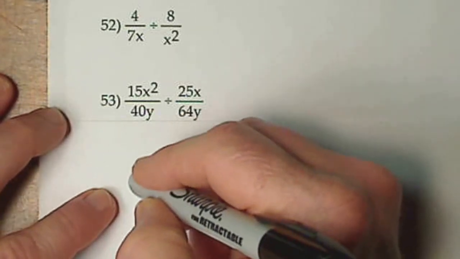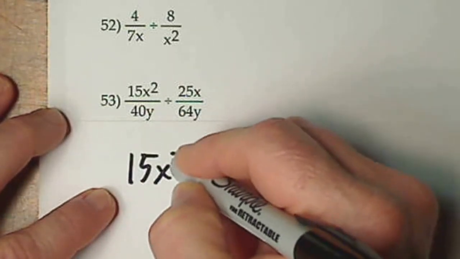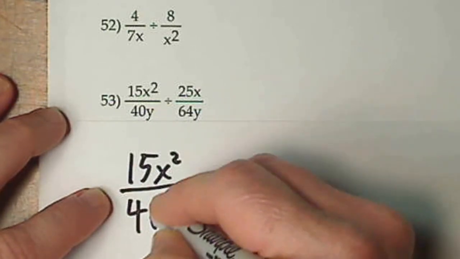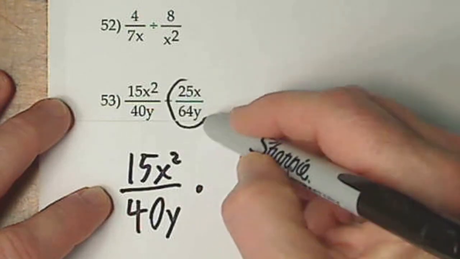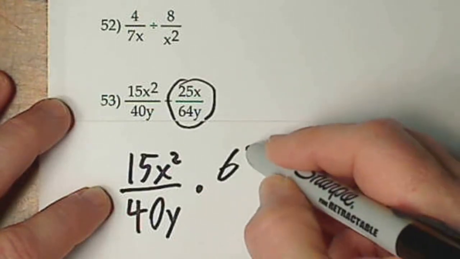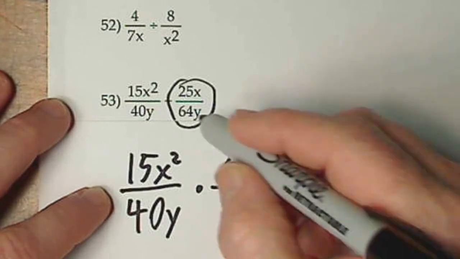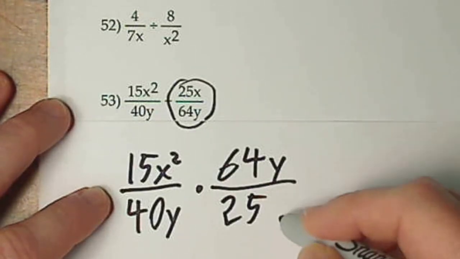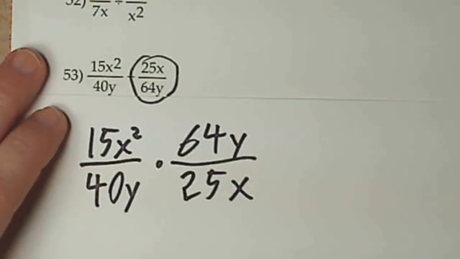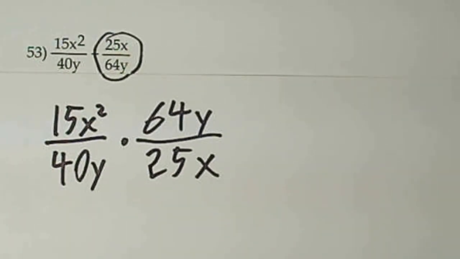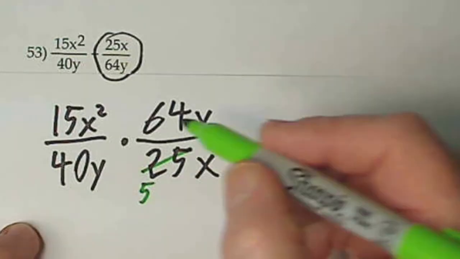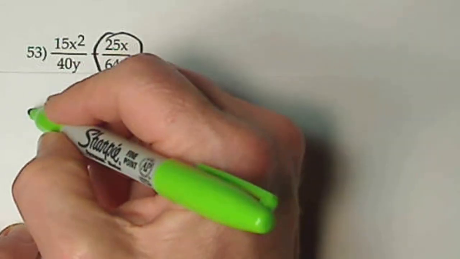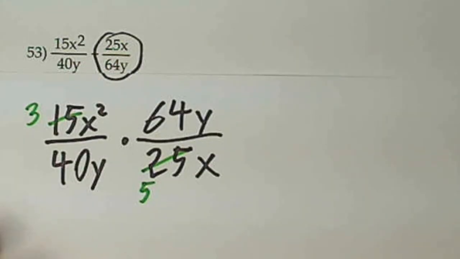So we've got 15x squared over 40y times, I'm going to flip this, 64y over 25x, and I will certainly cancel anything I possibly can. So let's see. 5 goes into 25 5 times. 5 goes into 15 3 times.